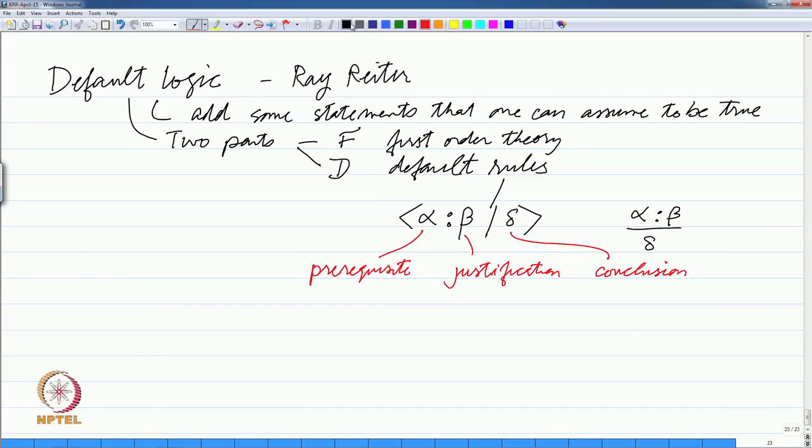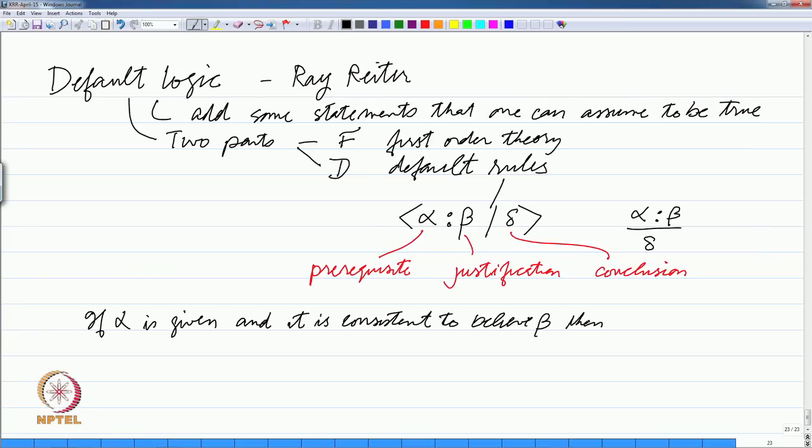The basic idea is that if alpha is given, which means alpha belongs to the knowledge base, and it is consistent to believe beta, then conclude delta.